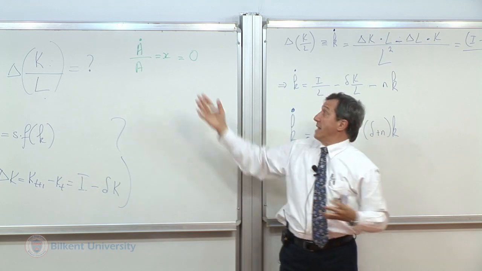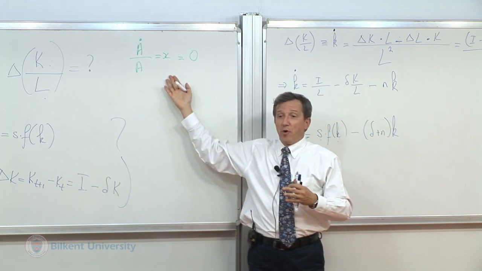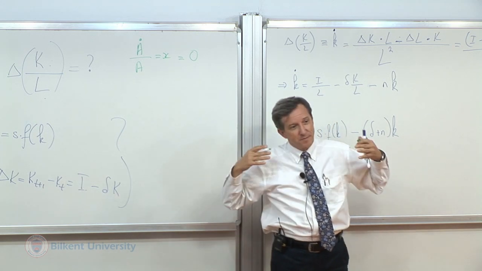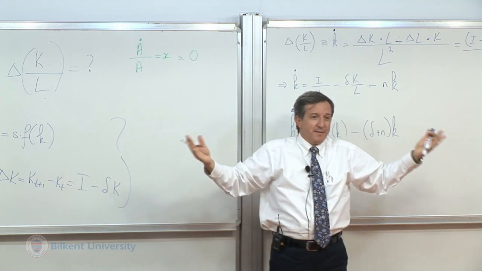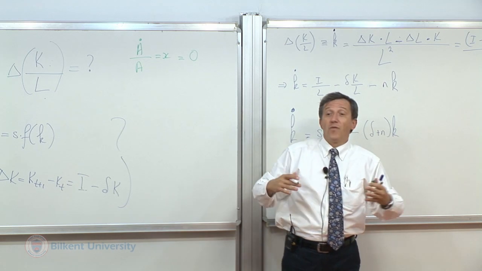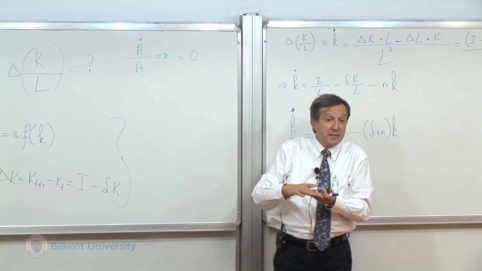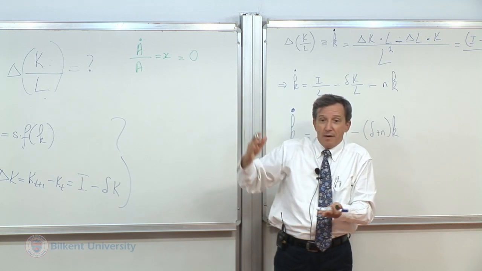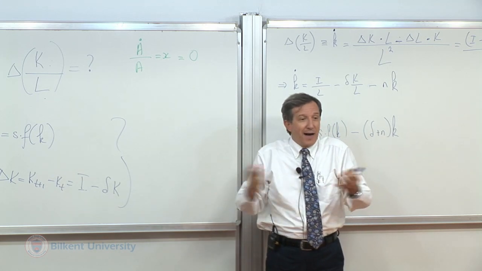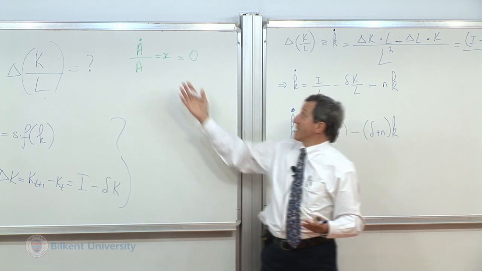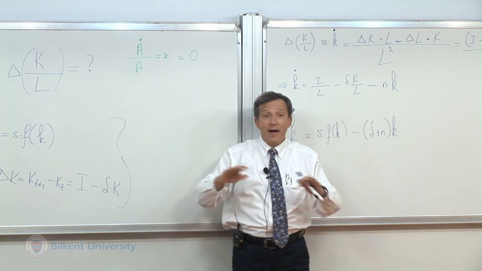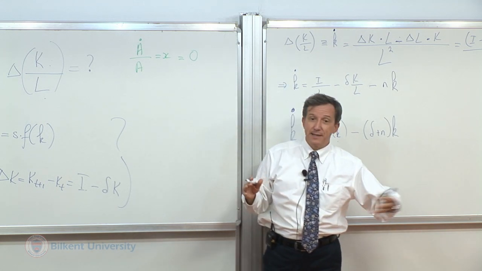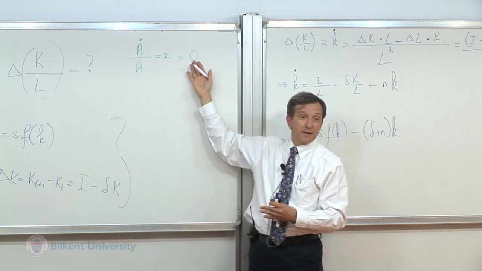You can put any number over here, 1%, 10%, even 100%. It doesn't mean anything. What it will do is only increase output per labor by X%. But that's something I cannot explain. Why does technological change occur? I am taking it exogenously. And if I am taking it exogenously, better I forget it away.